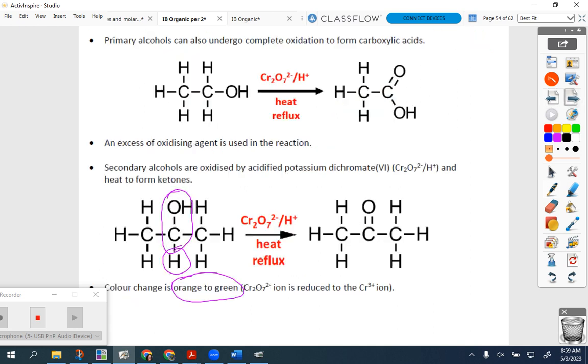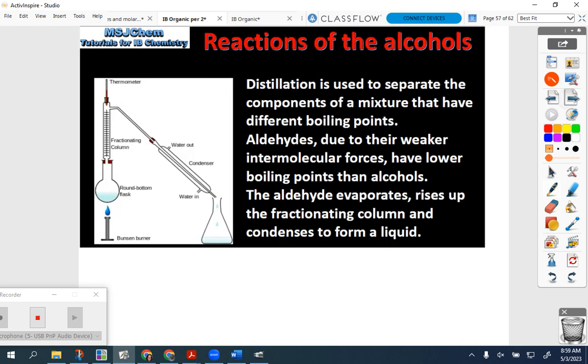So if I want to make the aldehyde and keep it, then what I'm going to do is set up a distillation apparatus like we did for the cherry Coke, where, I mean, we didn't have fractionating columns for the cherry Coke, but the idea is that the aldehyde is going to come up and vaporize at a lower temperature. When it does that, that vapor is going to come into our condenser. It's going to condense, and we're going to get the aldehyde dripping into our collection flask.